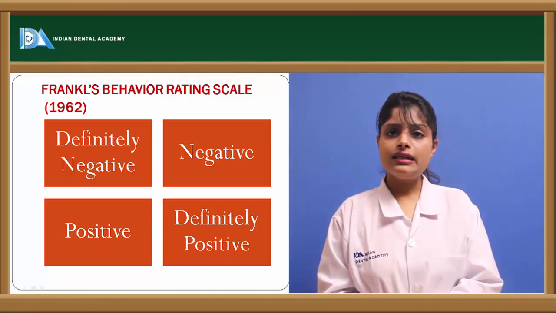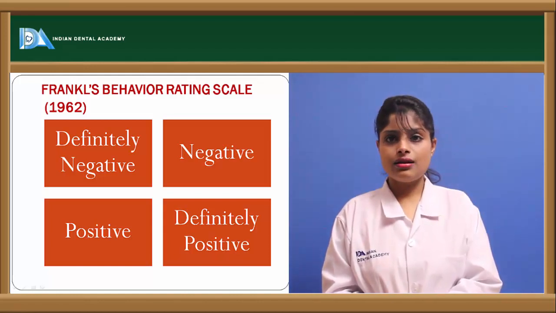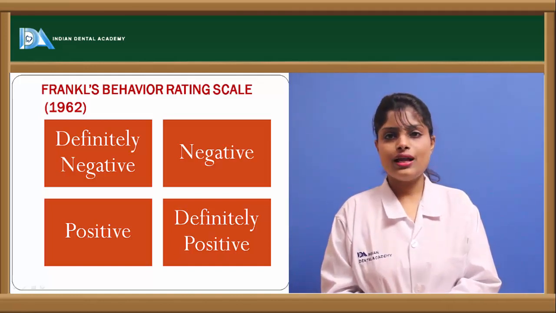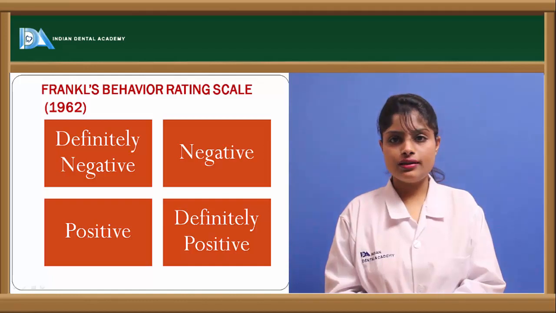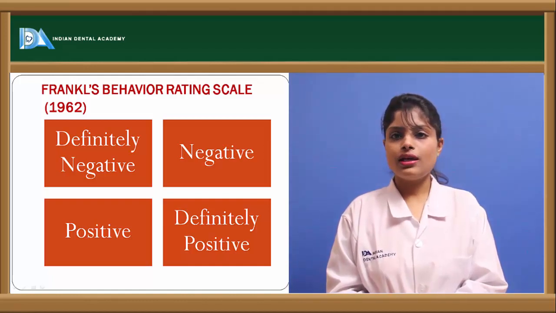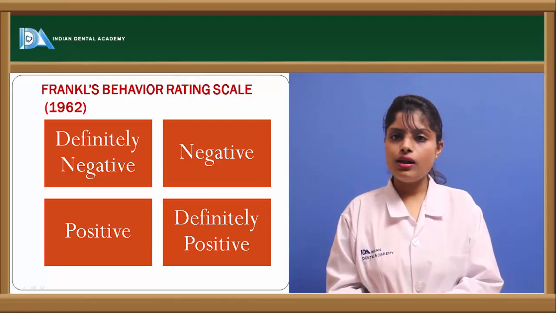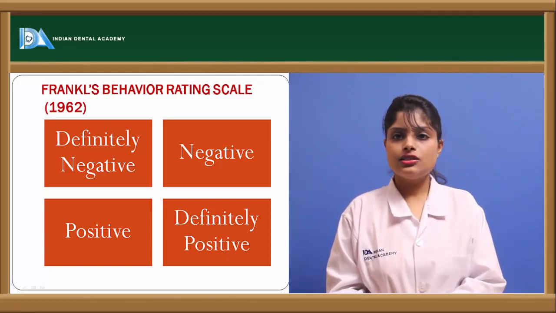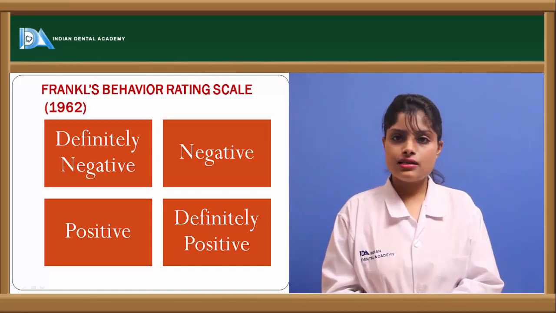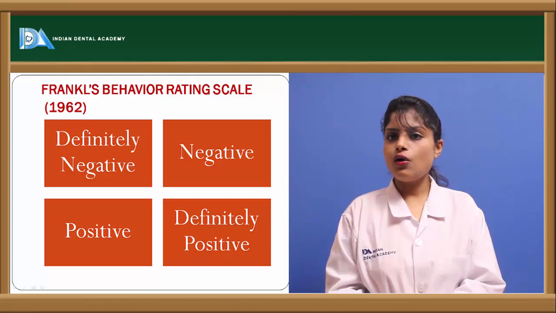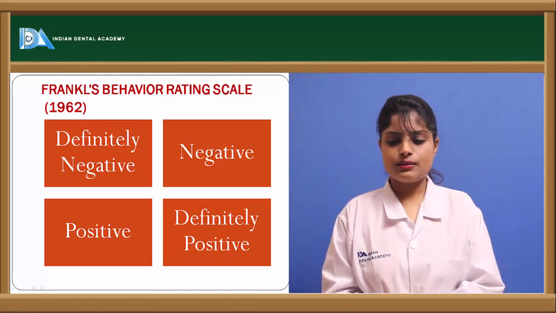A definitely negative child: as soon as the child enters the clinic, the child will start crying forcefully, will not open the mouth at all, and will not sit on the dental chair. All these things indicate that the child is definitely negative and will not accept any type of dental treatment without behavior management techniques.